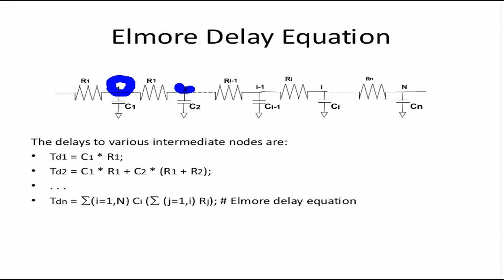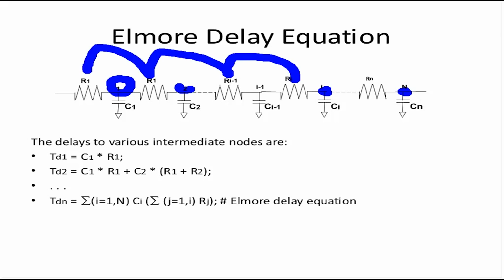So at any node, this is the generic formula: TDn is equal to the summation of each capacitance Ci multiplied by the sum of all the resistances seen by it. For example, the delay would be C1R1 plus C2(R1 plus R2) plus and so on up to Ci times (R1 plus R2 and so on up to Ri).